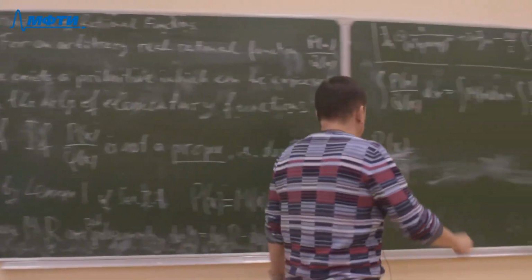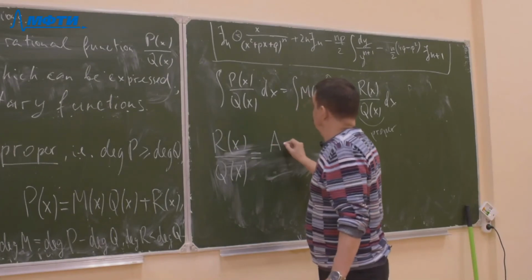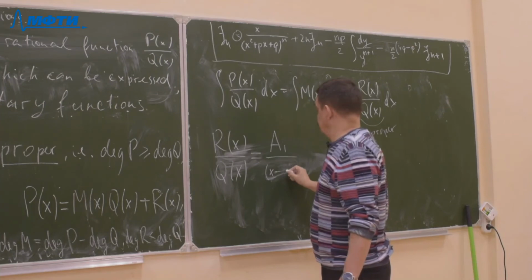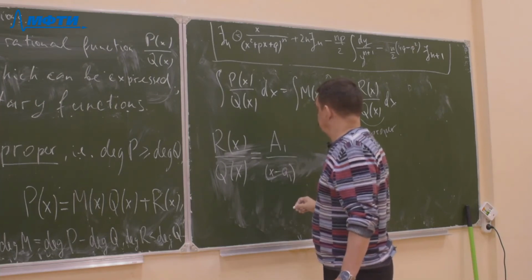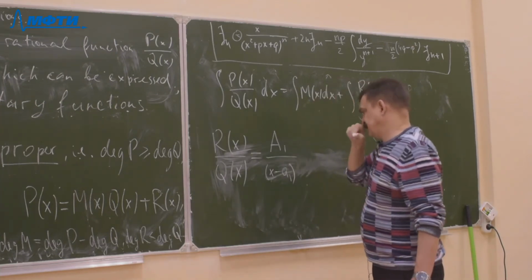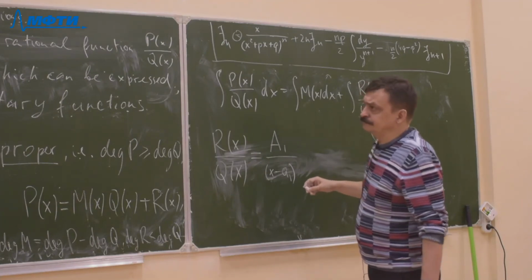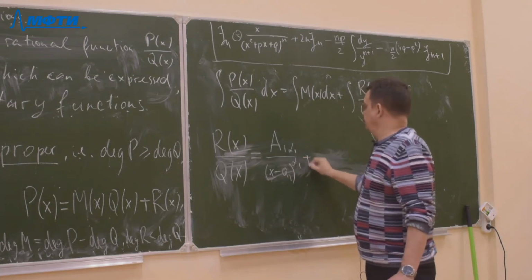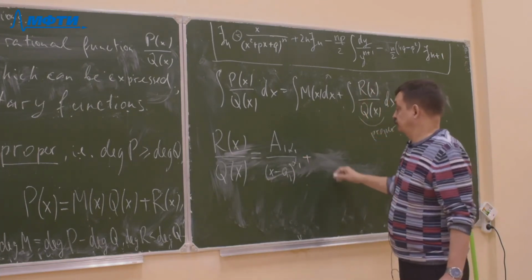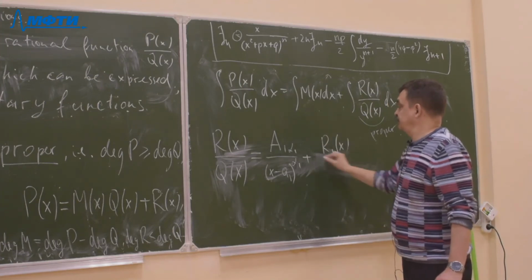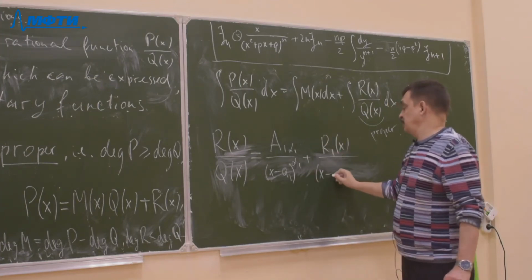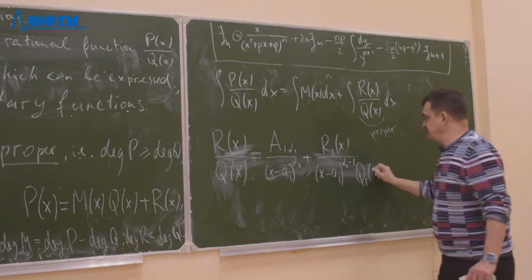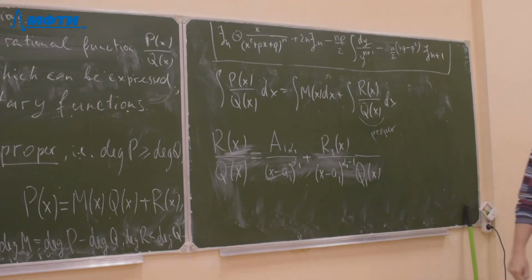So we know by lemma 1 it has the following representation: A1 alpha 1 over x minus a1 to the power alpha 1, plus r1 of x over x minus a1 to the power alpha 1 minus 1 times q1 of x. That is by lemma 1, right?